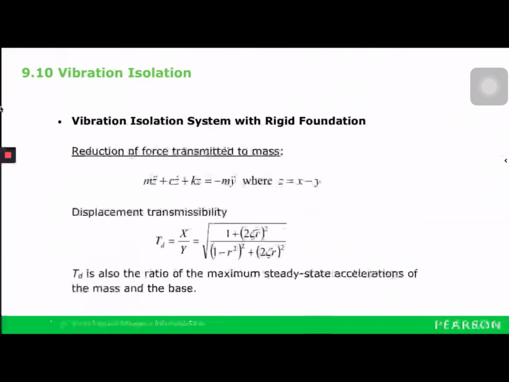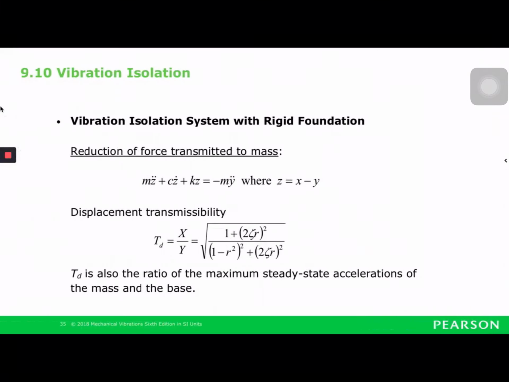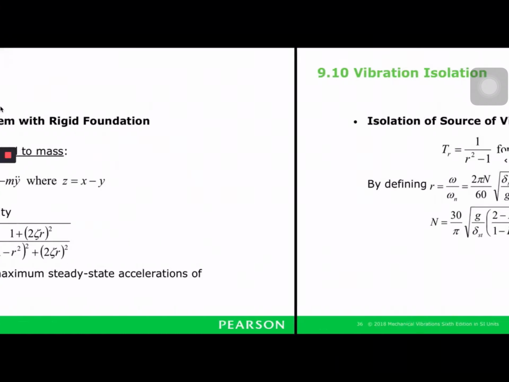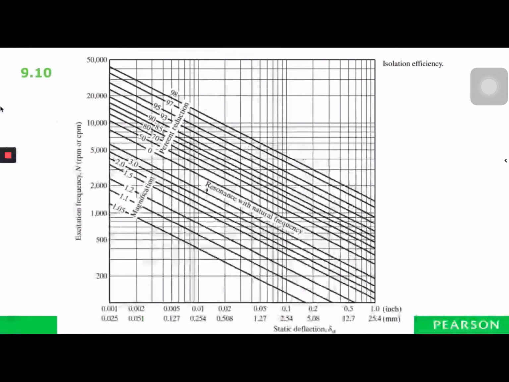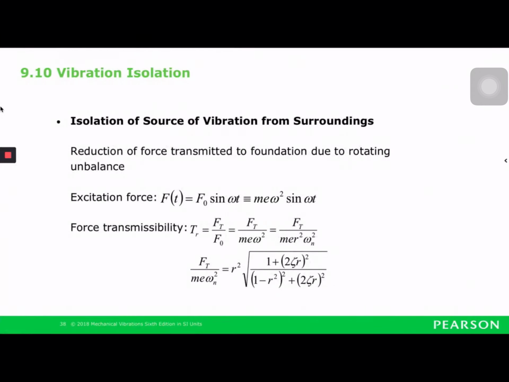The other case is if we want to isolate with the base input. This graph you can refer to the textbook to understand better, but I'll just skip this one. So this is isolation of the source of vibration from surroundings.